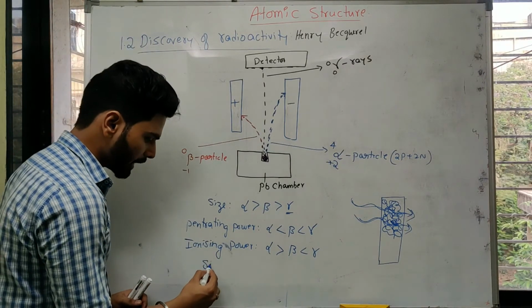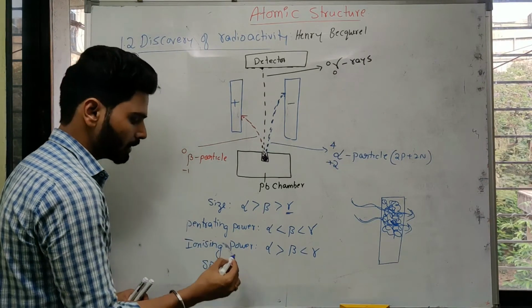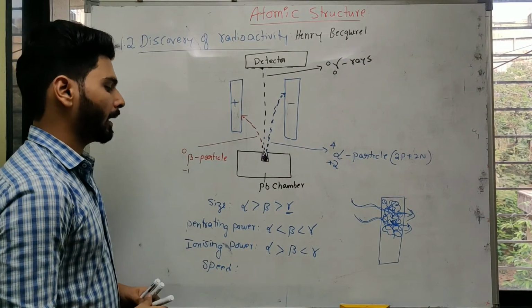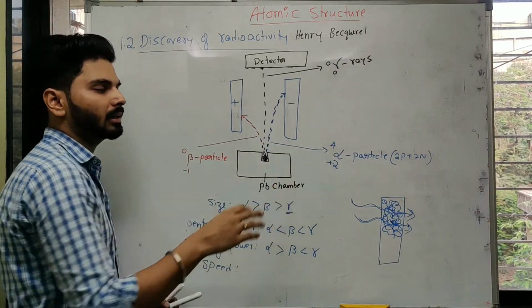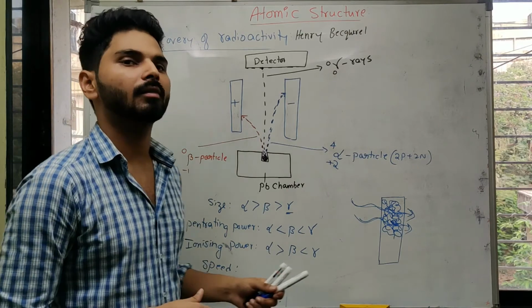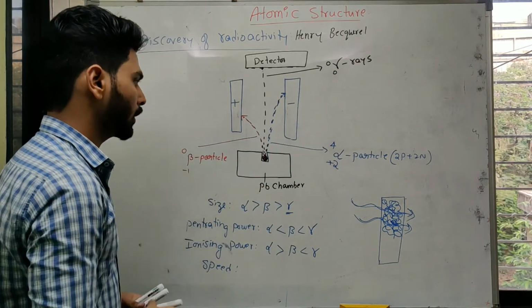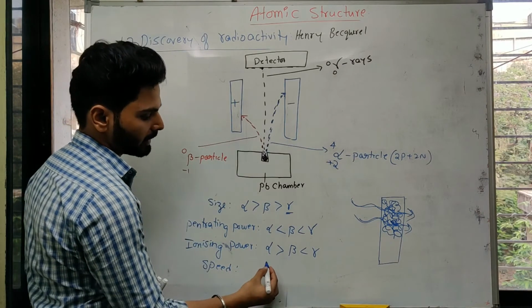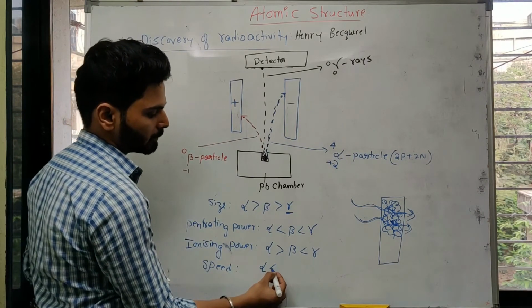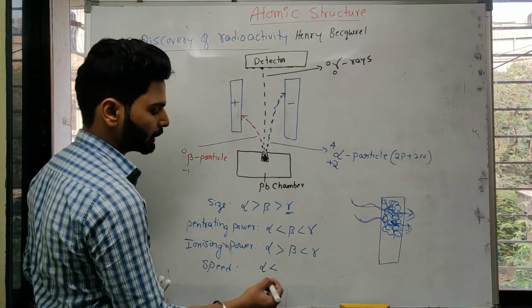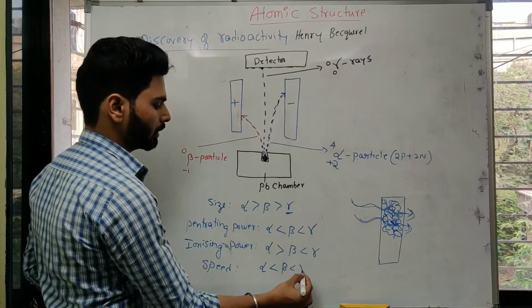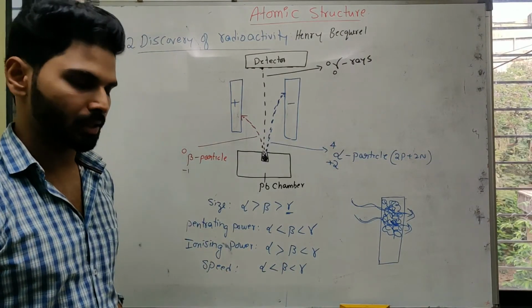Next is the speed that we have to remember here. We know that heavier particles travel with less speed as compared to massless ones. So speed wise, alpha has the lowest speed of propagation and gamma has the highest.